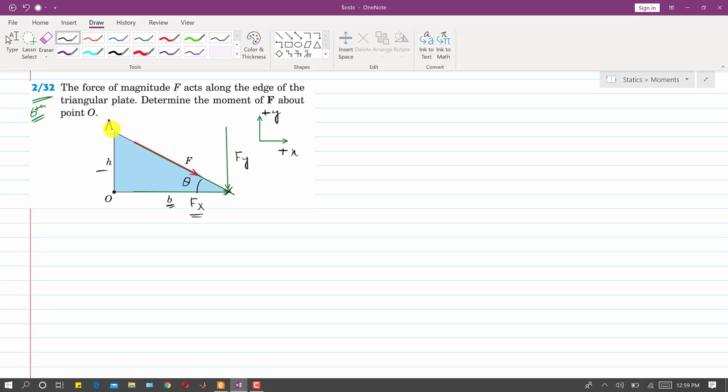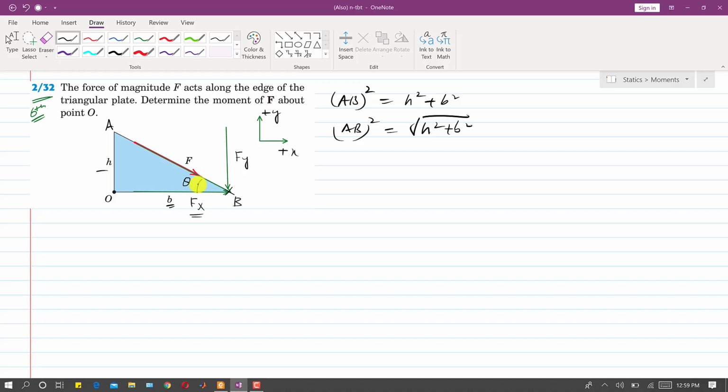Let's suppose I write OAB. What will be the AB length of this triangular plate? Using the Pythagoras theorem, AB will be equal to h squared plus b squared, under the root, right?